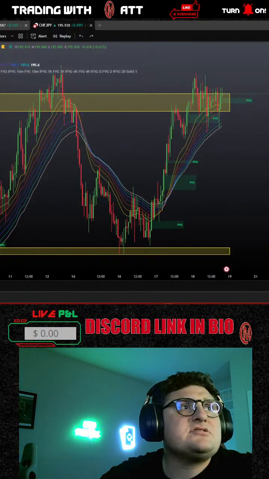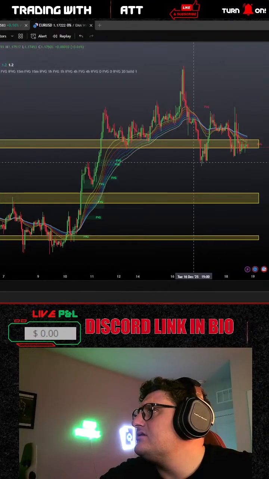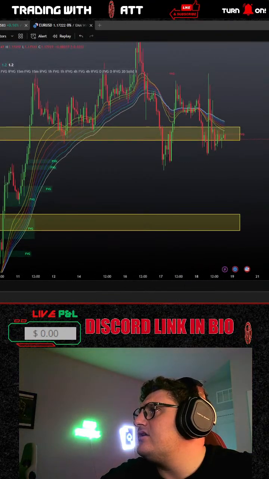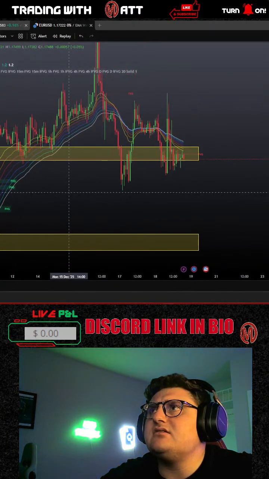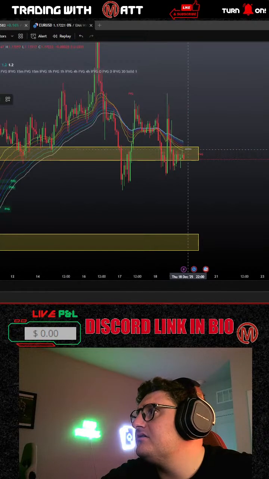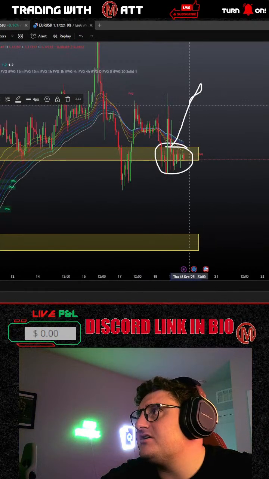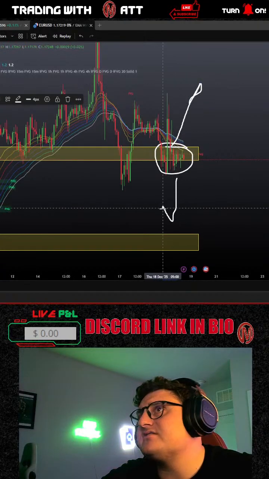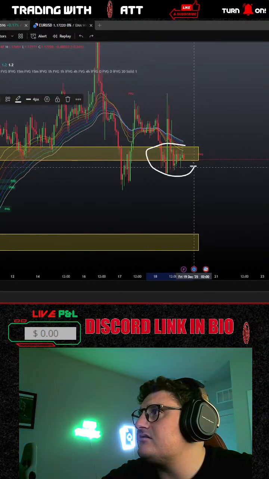Moving on to our next chart here, we have Euro USD. Euro USD, another one with a lot of consolidation. There's a lot of market consolidation today. I don't know if you guys have noticed that trend here, but a lot of consolidation right here. No real big upswings, no real big downswings. It's just kind of sitting in limbo right here.